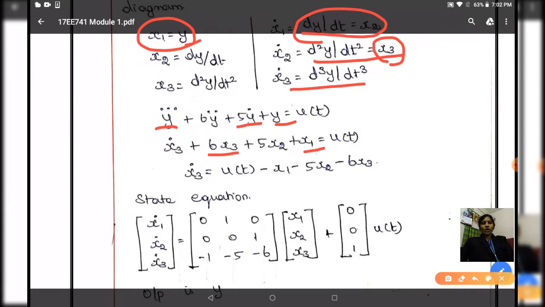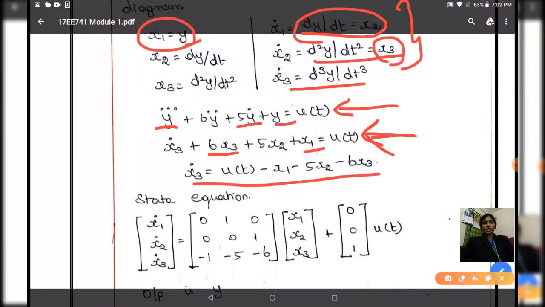Once all the physical variables available in this equation are replaced with the state variables, you have to identify, because if you have 3 state variables, we need to write x1 dot, x2 dot, x3 dot. x1 dot and x2 dot are already identified. From this equation, we can identify x3 dot.